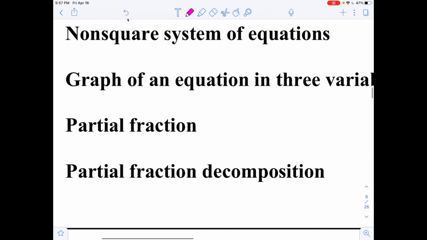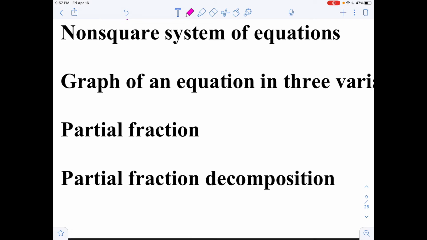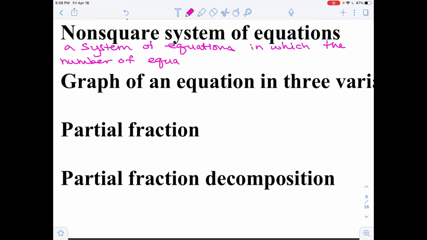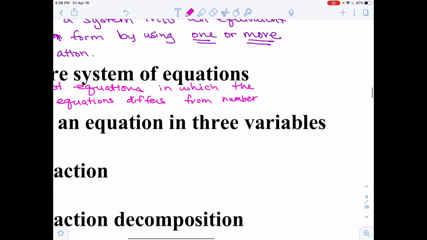So what's a non-square system of equations? Well, a non-square system of equations is a system of equations in which the number of equations differs from the number of variables.